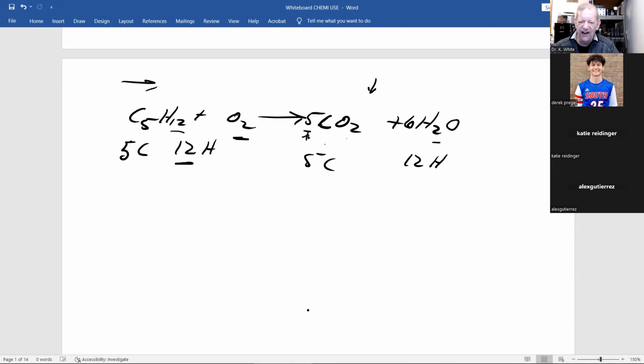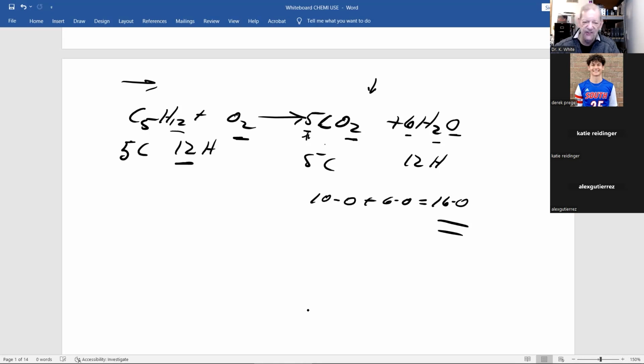I have 5 times 2, 10 oxygen. I have 6 times 1, 6 oxygen added together, and that gives me 16 oxygen atoms on this side.